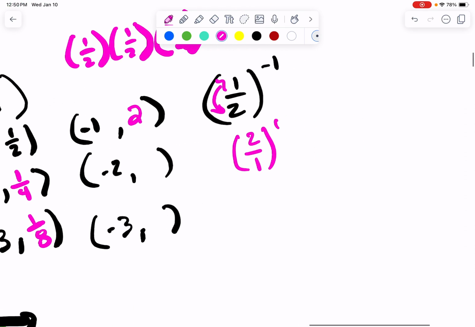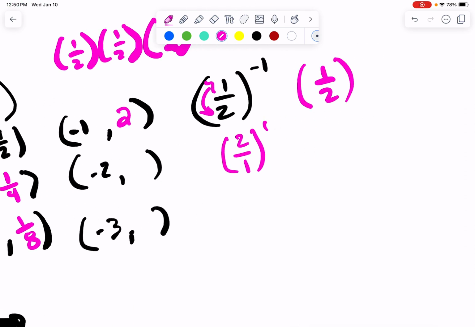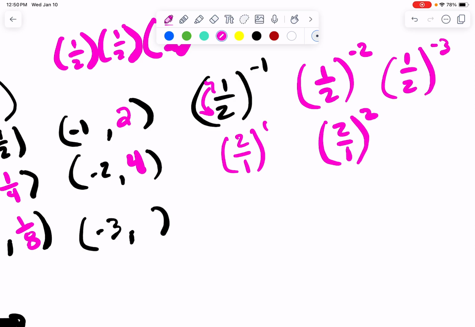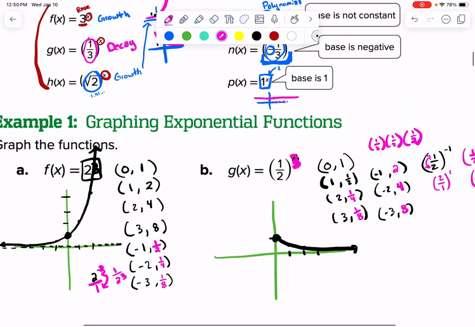If I do 1/2 to the -2 power, this is like 2 over 1 to the +2 power, which is 2 to the second power, which is 4, right? 1/2 to the -3rd power is like 2 over 1 to the +3rd power, which is 2 to the 3rd, which is 8, right? So it's the opposite of what we did over here. -1 is at 2, -2 is at 4, and then we have it all the way at 8, and so on. So it looks like this, right?